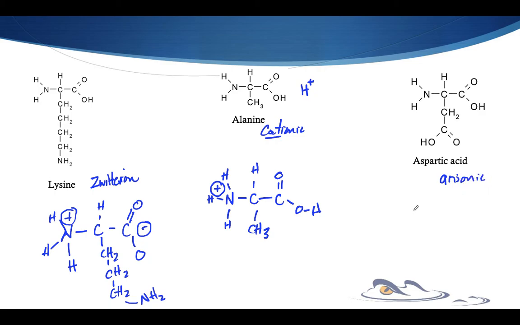In its anionic form, again, my reminder system here: I know that OH has a negative charge, so basic conditions, and I am attaching that word to the anion part of anionic, which I know is negative.